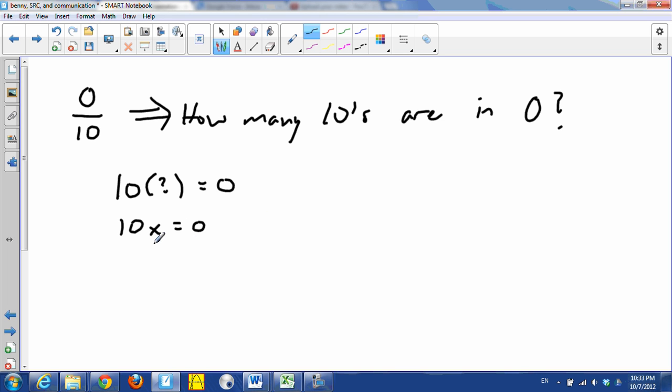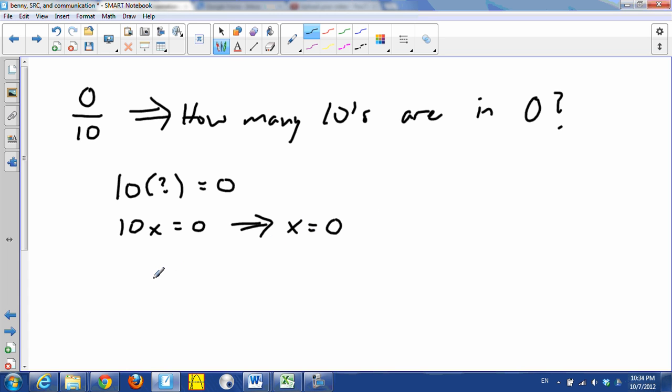Well, gee, what could you multiply 10 by to get 0? You would have to multiply 10 by 0. The only way to get 0 as a result of multiplication here would be to multiply the 10 by 0.